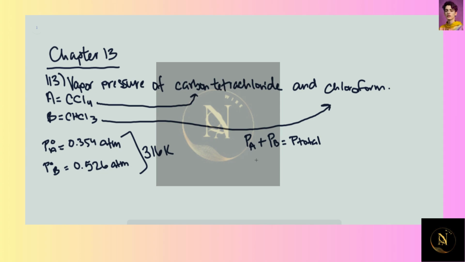To find out the partial pressures of each of these volatile chemicals, what we would have to do is find the mole fraction of each of these chemicals, multiply that by the vapor pressure of each pure liquid, and then add those two together.